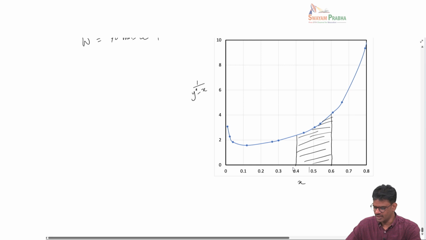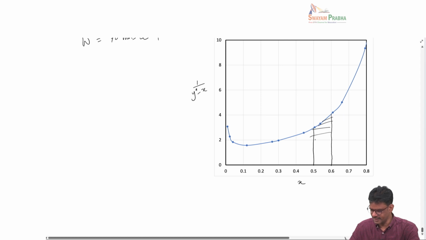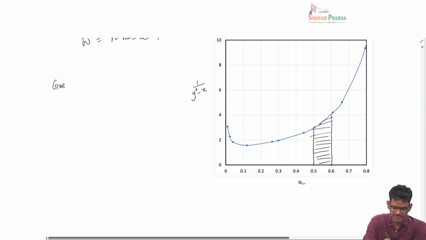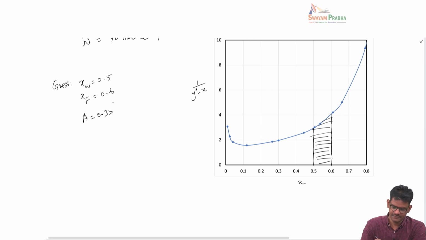So what I did was I looked at first 0.6 and 0.5. Okay, so I look at this particular limit. I guessed XW is 0.5 and XF is 0.6. Okay, and I calculated the area of this particular curve, and this area came out to be something like 0.356, sorry, 0.355.